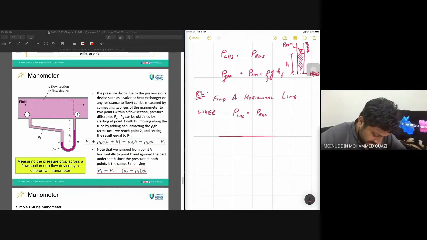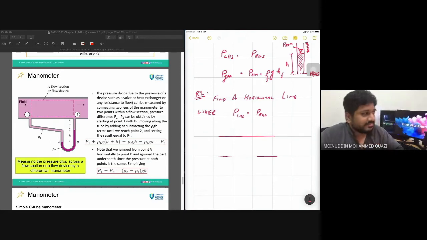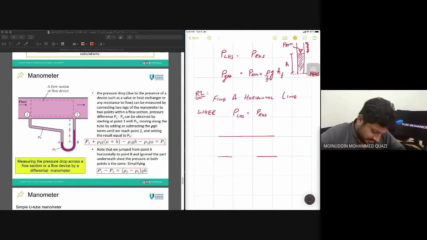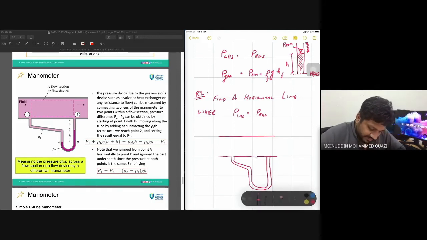So this is my pipe. In this pipe, I've got two locations. So we've got location number 1.